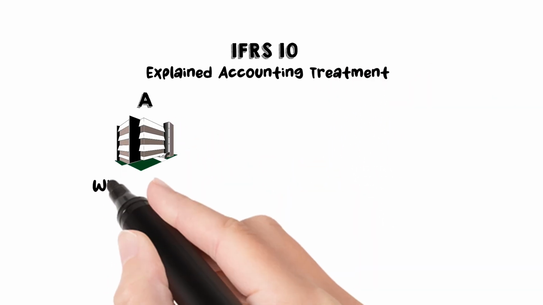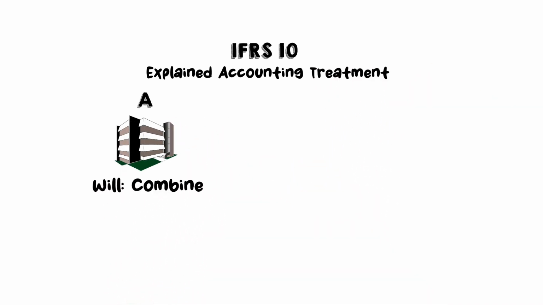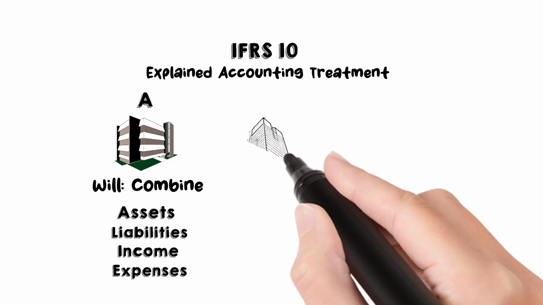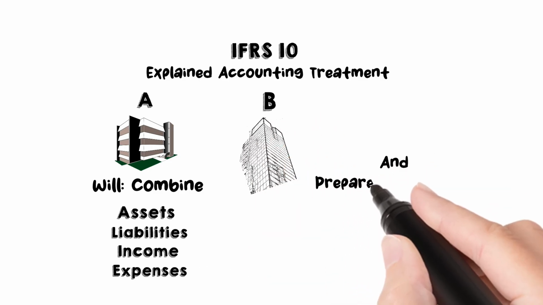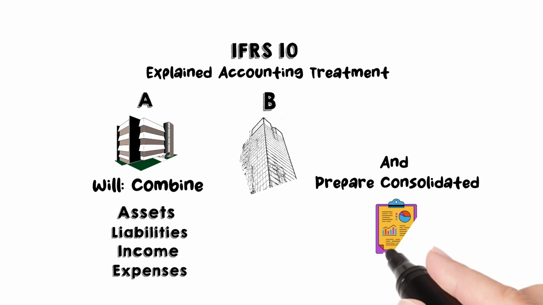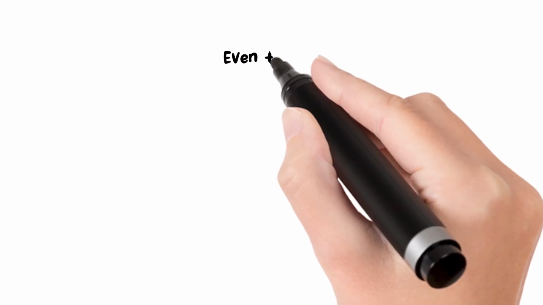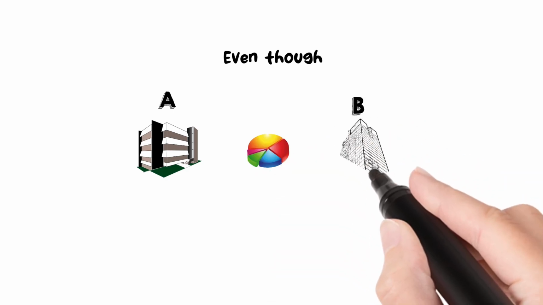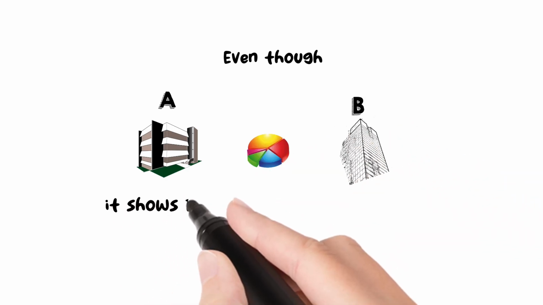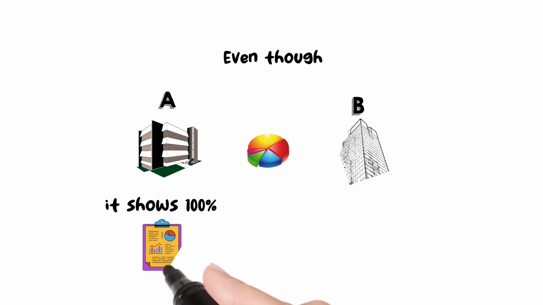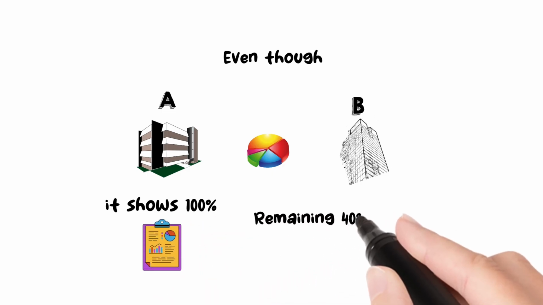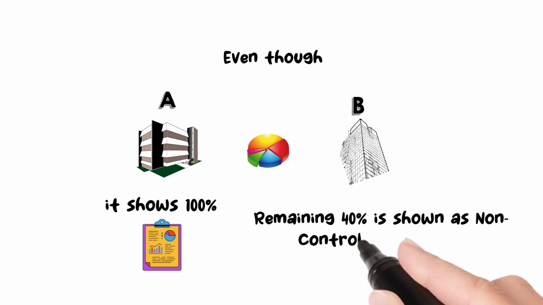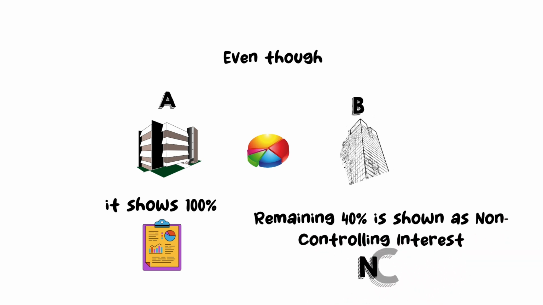Company A will combine assets, liabilities, income, and expenses of Company B and prepare consolidated financial statements. Even though Company A owns 60% of Company B, it shows 100% in its financial statements. The remaining 40% is shown as non-controlling interest, NCI.